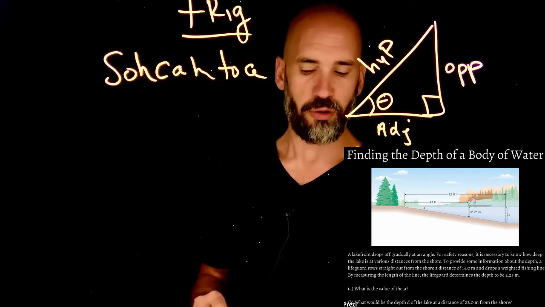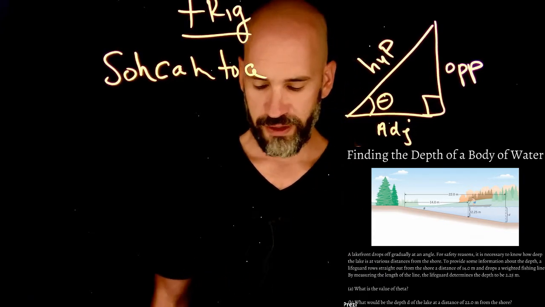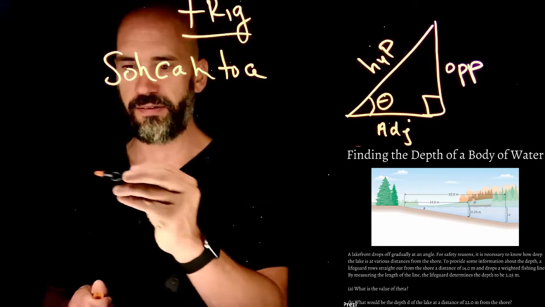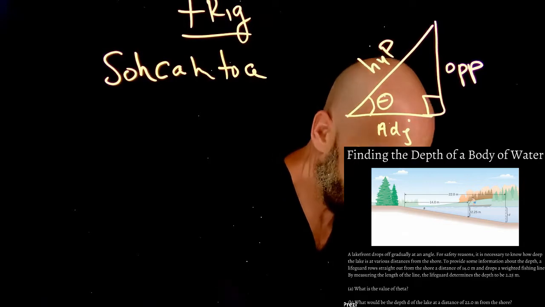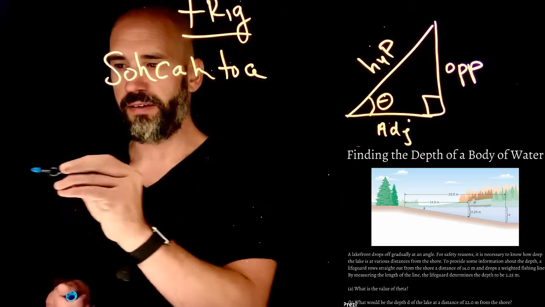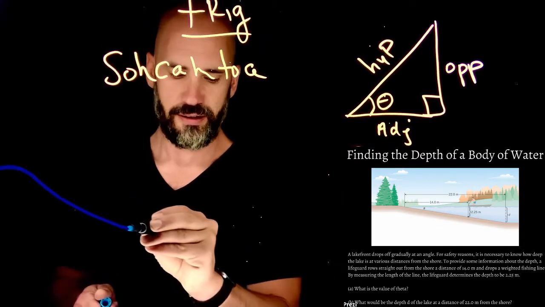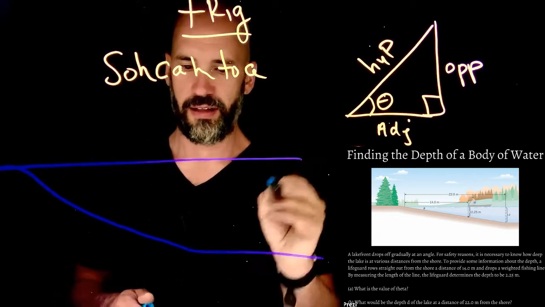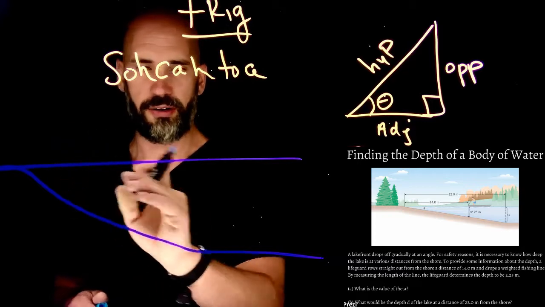So if you will go to the slide that says finding the depth of a body of water, I'll read really quick. It says a lakefront drops off gradually at an angle, right? So we have this little situation right here where we have the lake, and we have this water up above here.